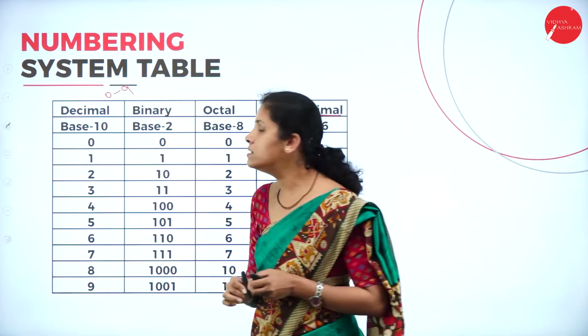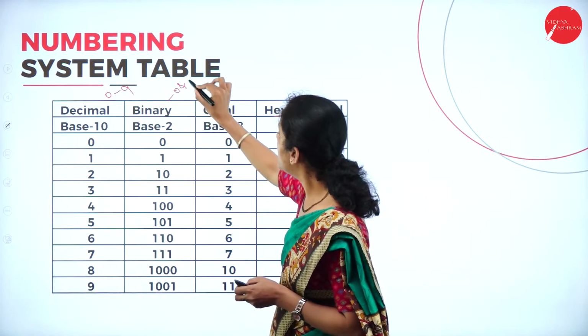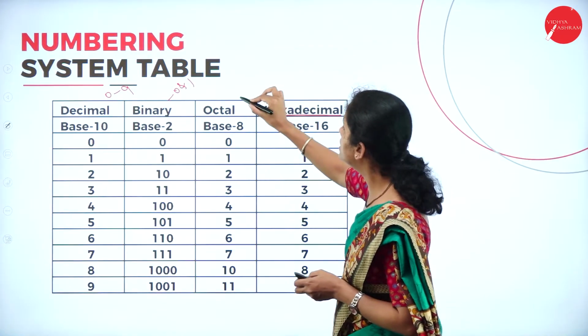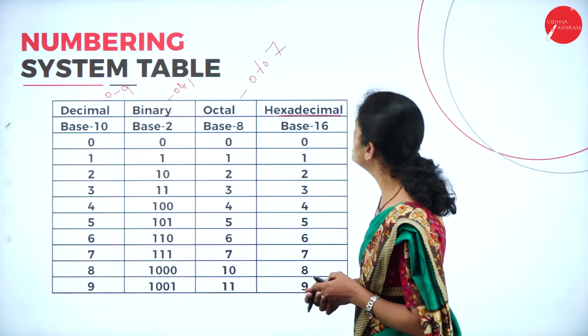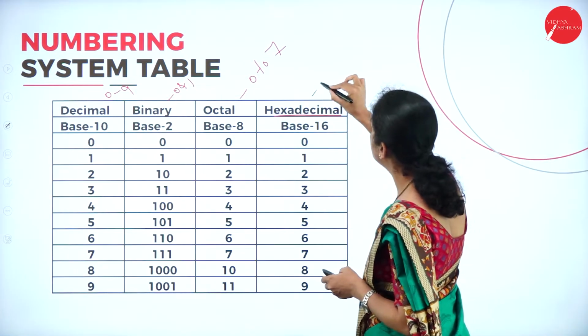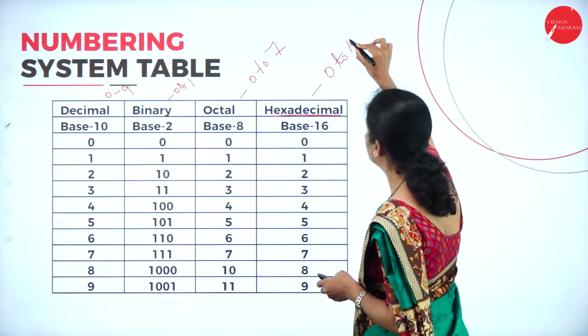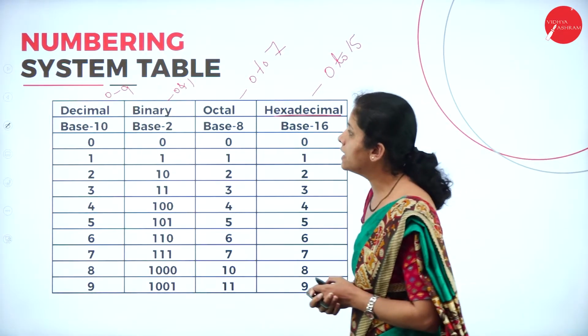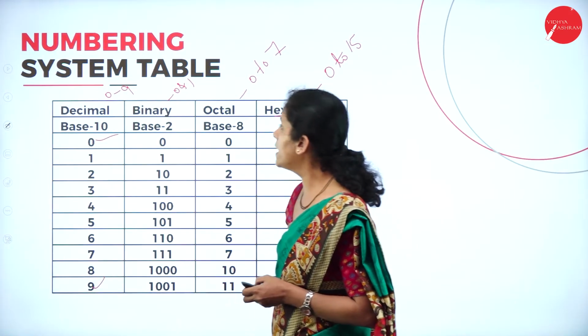And if I consider binary, I'm having 0 and 1. And if I consider octal, 0 to 7. And if I consider hexadecimal, it is 0 to 15.